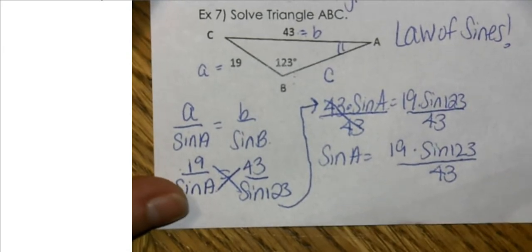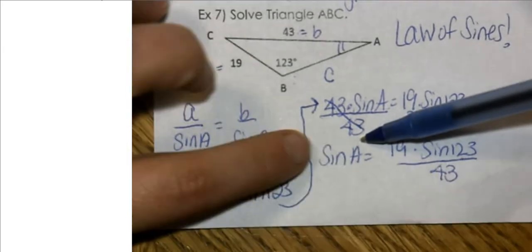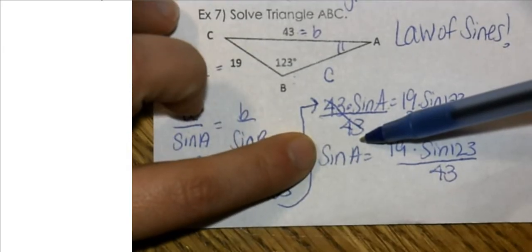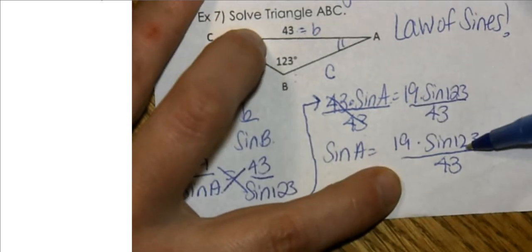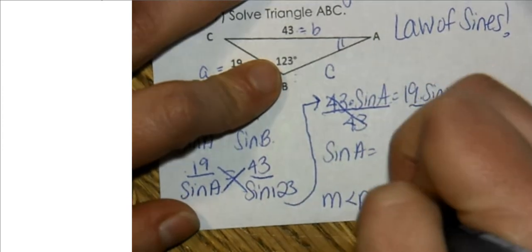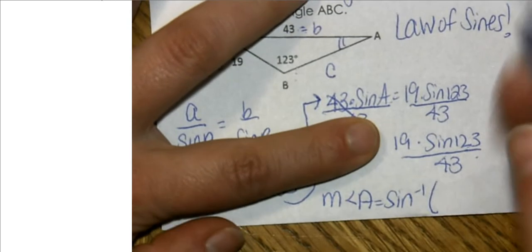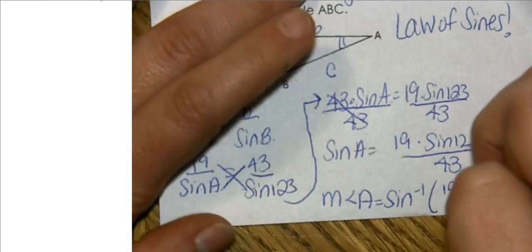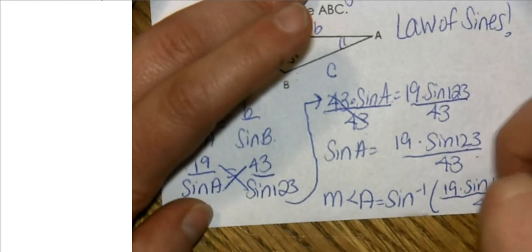So now I need to find what the measure of angle A is, which means I need to undo sine. To undo sine means to take the sine inverse of the other side. So I'm going to write that the measure of angle A is equal to the sine inverse of this whole fraction, 19 times the sine of 123 all over 43.